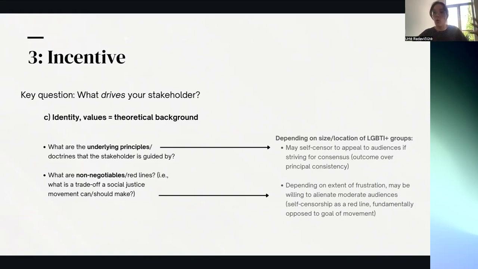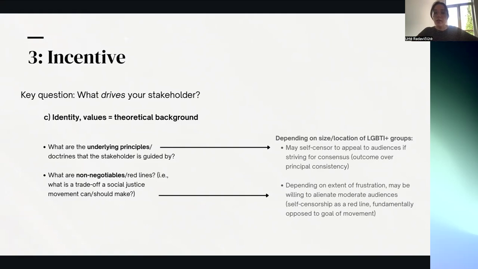So you have to think about whether a specific movement, say, like a subsection of the LGBTI movement in Lithuania that participates in Vilnius Pride, whether they're likely to self-censor or whether they're willing to show up in drag, for example, which is likely to generate a lot of public backlash from more moderate audiences. So it's outcome versus principle consistency. You weigh those two against each other.